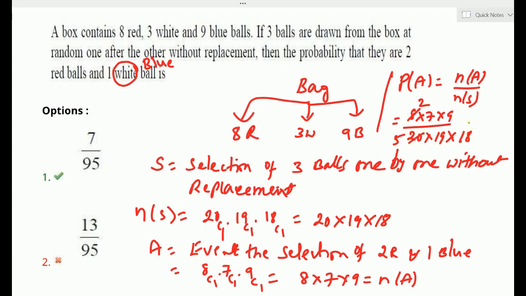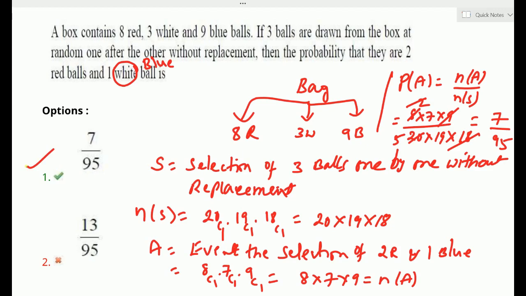Then 2 9s, 7 into 9, 9 18 by 18 cancel. Now what is left over? 7 into 19 5s, 19 5s is 95. So 7 by 95. 7 by 95 is clearly given as the first option.